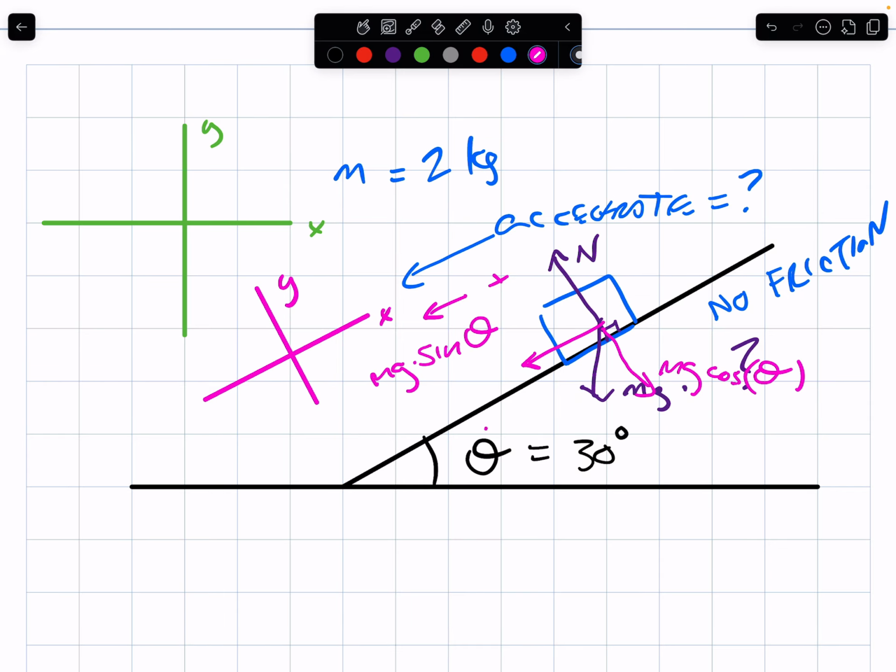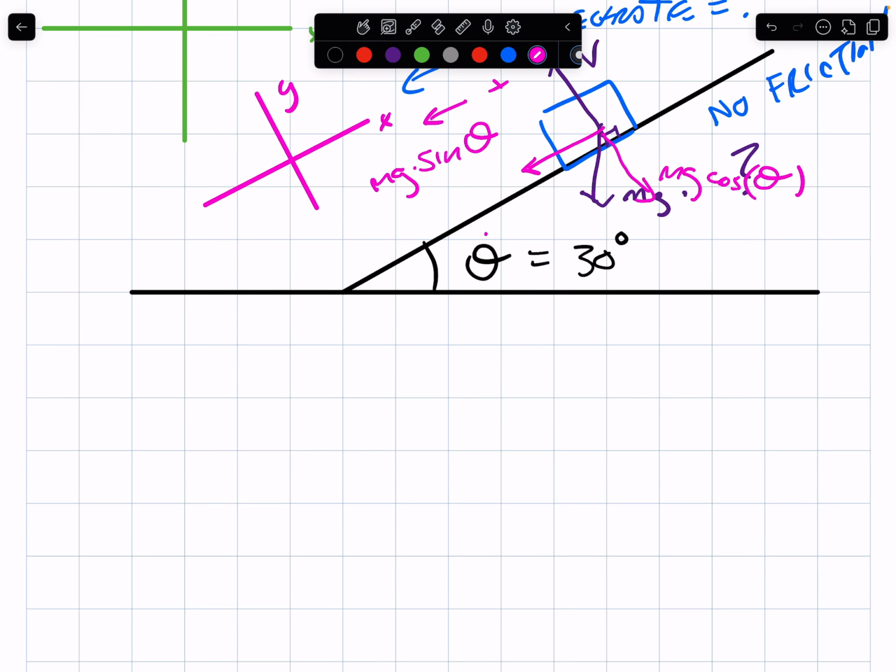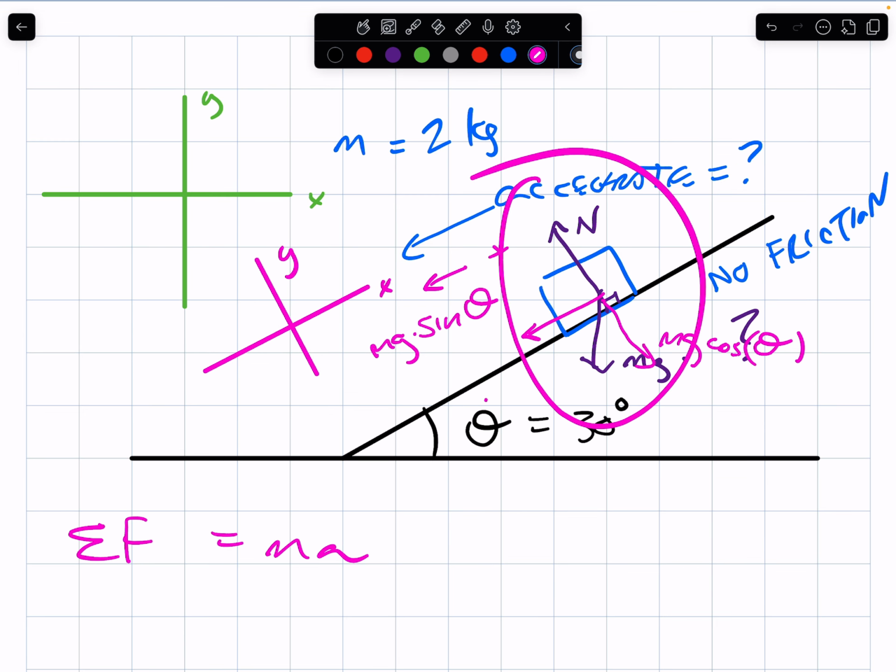So then I'm going to write Newton's second law, which you should know: net force is ma. Look at the picture here. What is the net force causing this to accelerate? It's not N. N is pointing perpendicular to the incline. It's accelerating this way, so there's only one force component pointing that way, and it's this one right here.